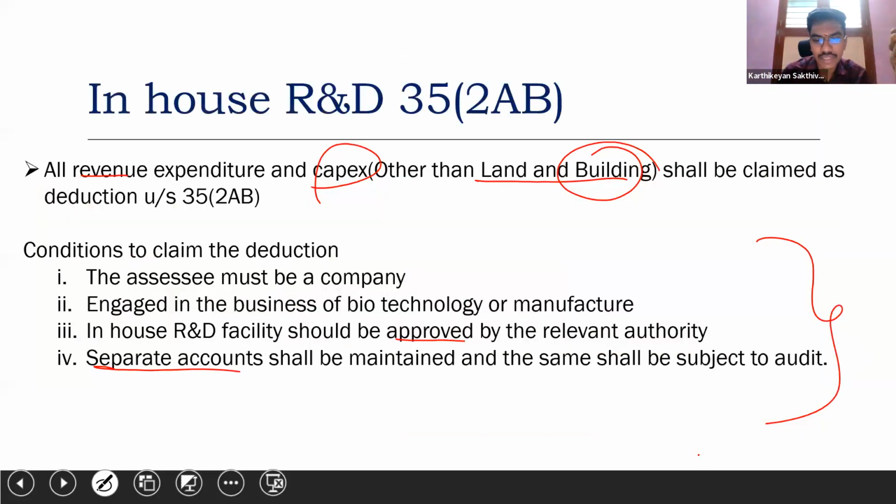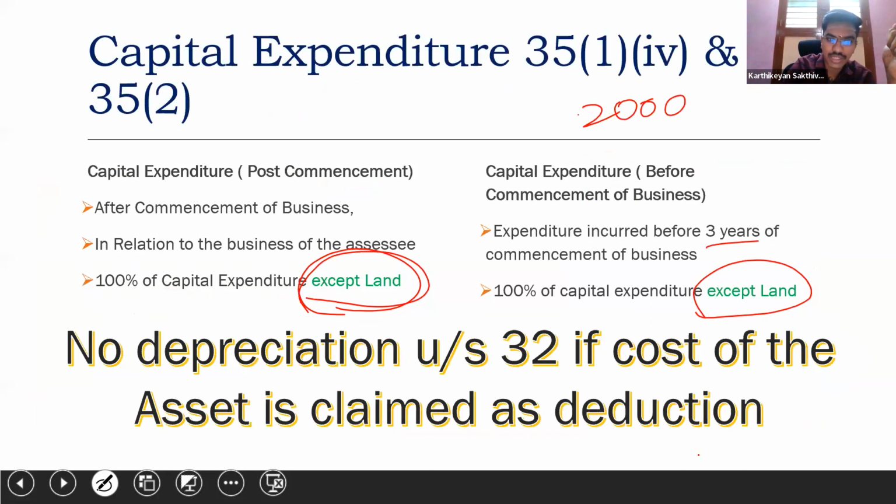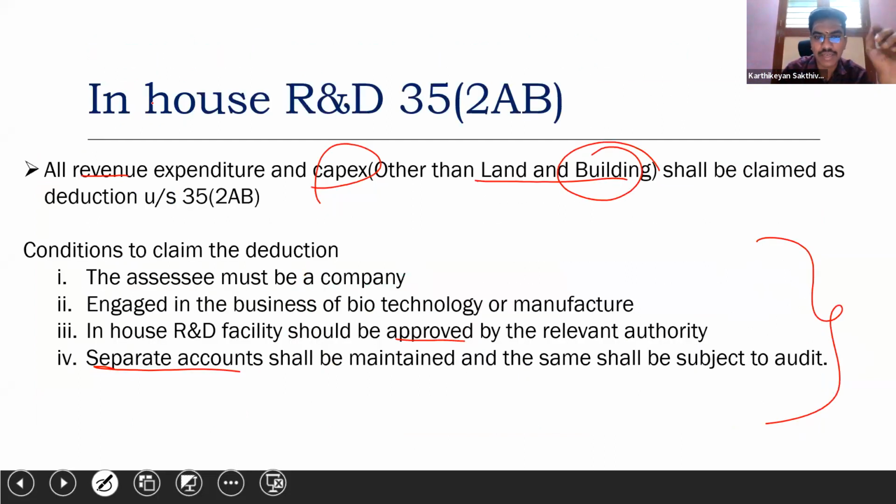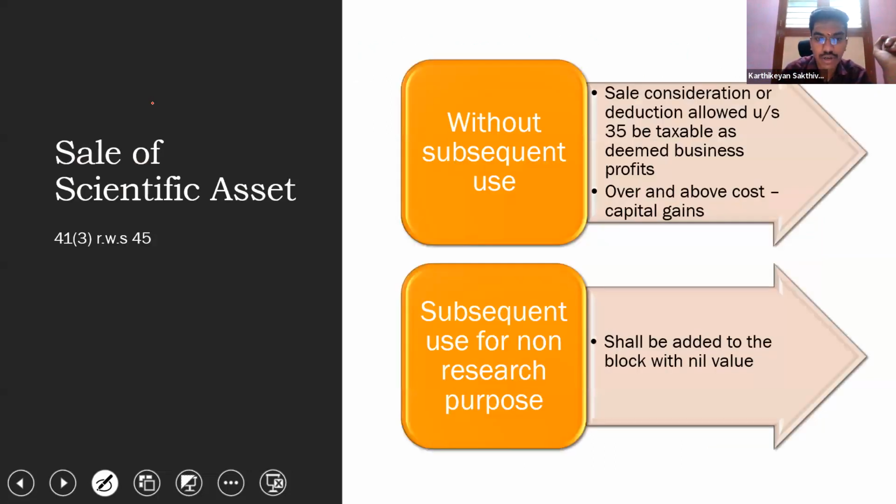So இப்போ இங்க வந்து நமக்கு capital expenditure வந்து deduction claim பண்ணோம் இல்லையா? So if you are going to sell this capital asset, what should be done அப்படின்றது is given in 41(3) read with section 45.